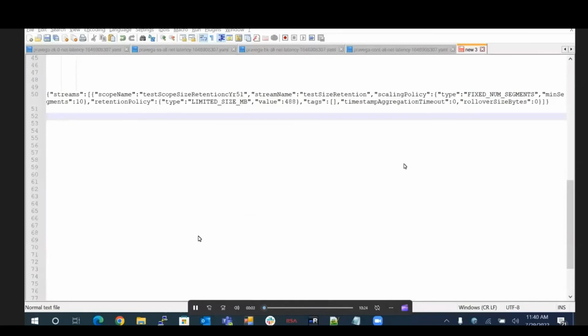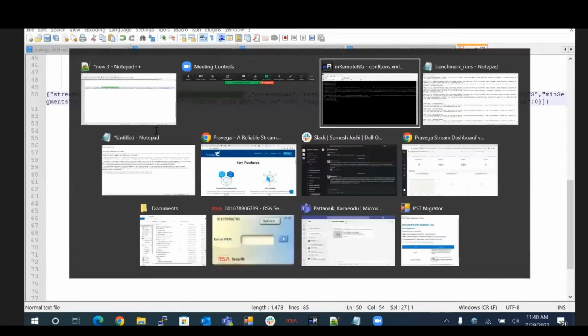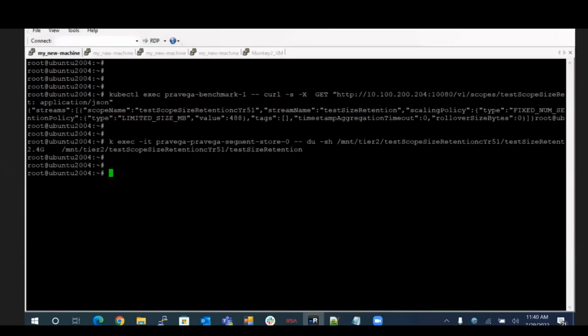Hello everyone. This is the stream name test size retention and the scope name for which I'll be demonstrating the size-based retention policy of Pravega. The stream has already been created on our deployed cluster, and the initial record size before the first stream cut, that is at interval T0 to T1, is 2.4 GB.